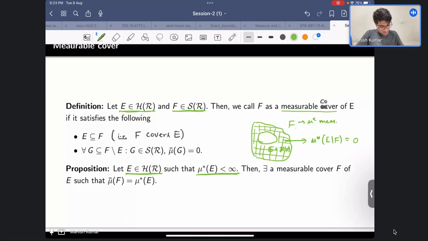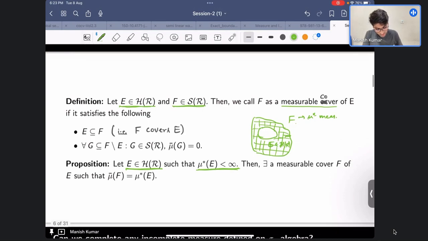Let me check if I'm saying it correctly. I should not say that any measurable set you take has measure 0, because there could be some set here which is not measurable, and the outer measure is non-zero. That could be possible, so let's not talk about that.